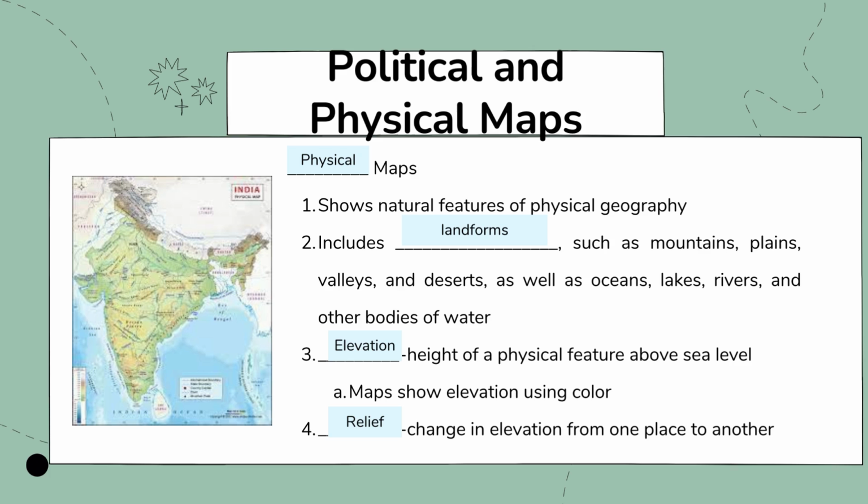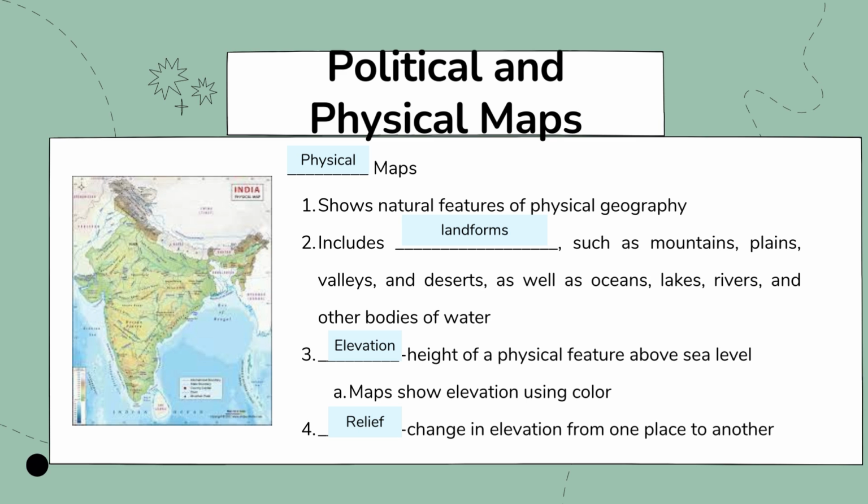The next type of map is a physical map, and these show the natural features of physical geography. So physical maps are going to include things like landforms, like mountains, plains, valleys, deserts, oceans, rivers, bodies of water. And then it also includes a couple of things that we don't look at too frequently, but that are important to note, and those are elevation and relief. Elevation is the height of a physical feature above sea level.